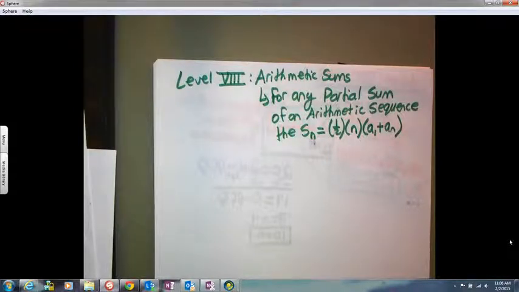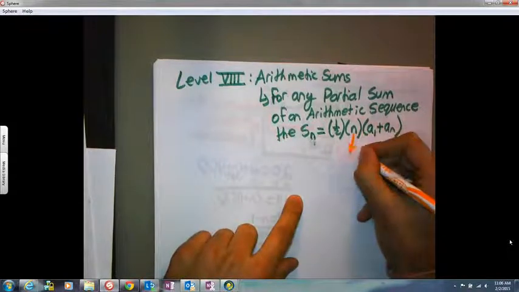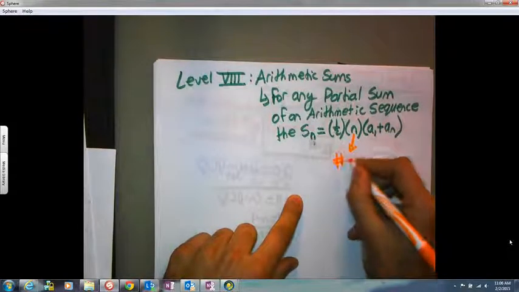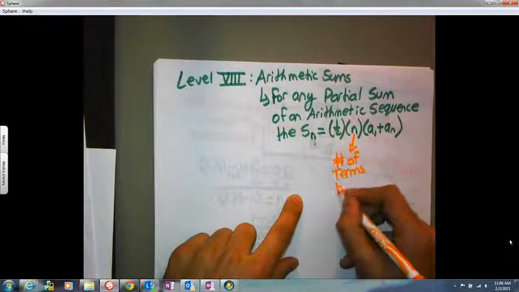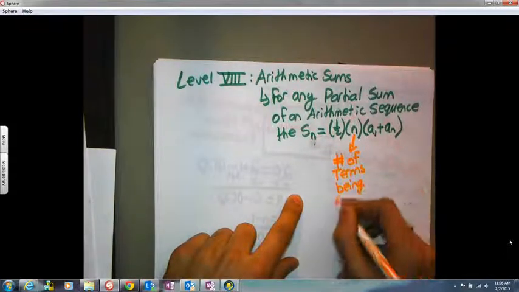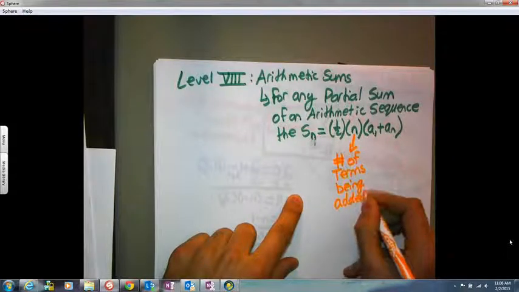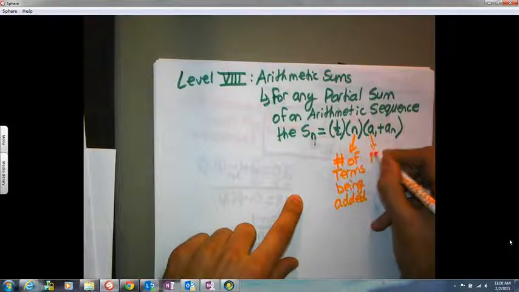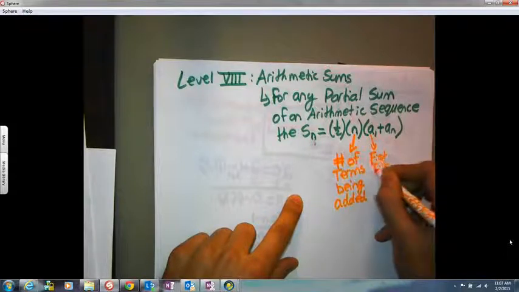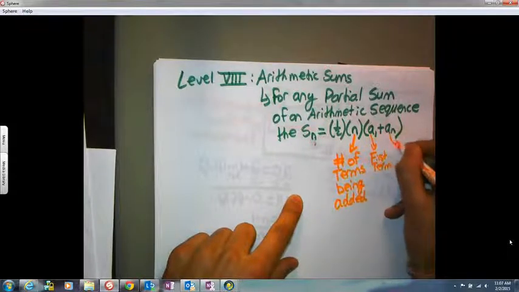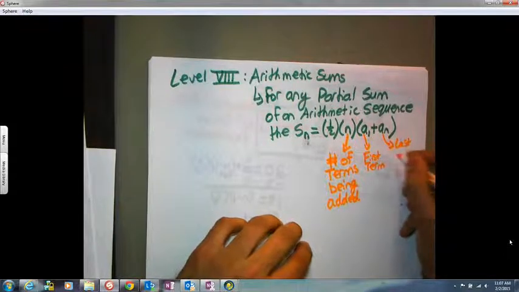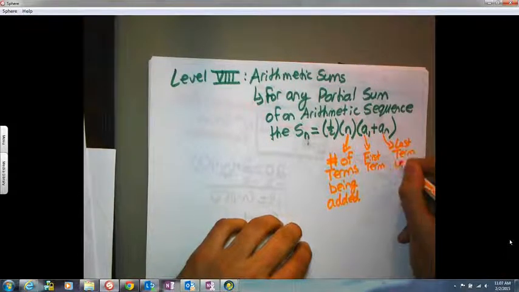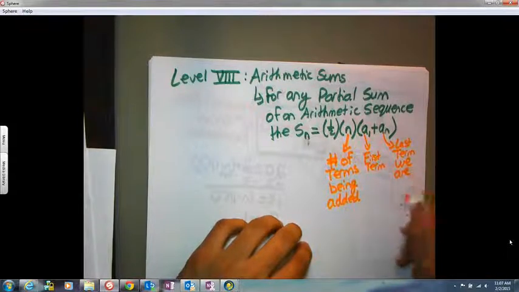So 1/2 is just 1/2. n is the number of terms being added. a1 is the first term. And an is the last term we are adding.